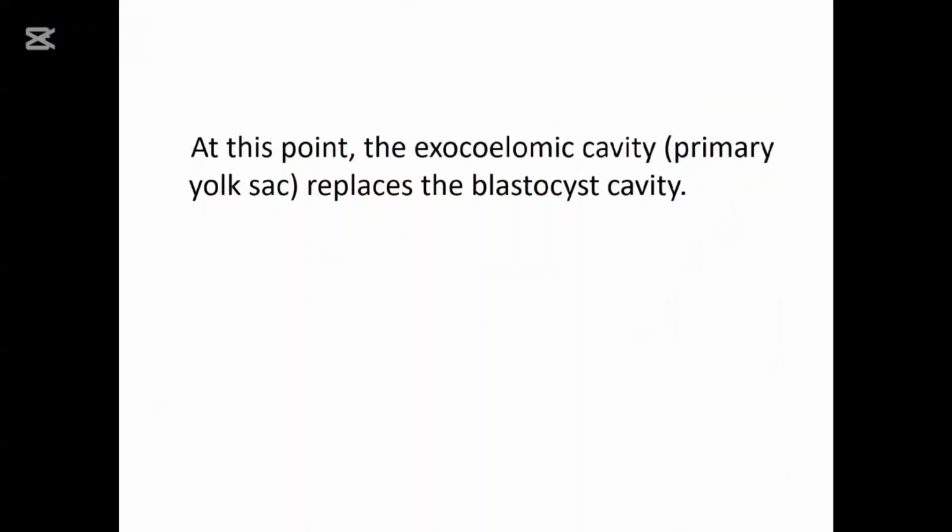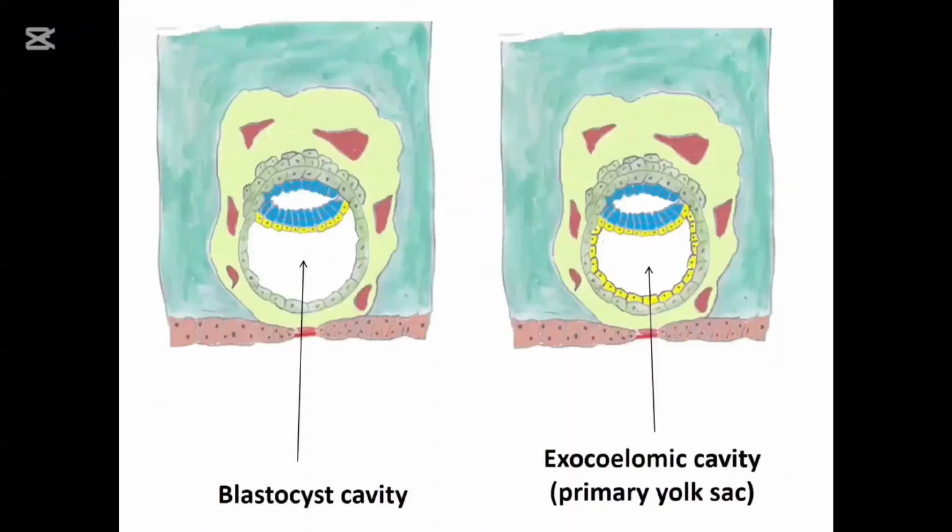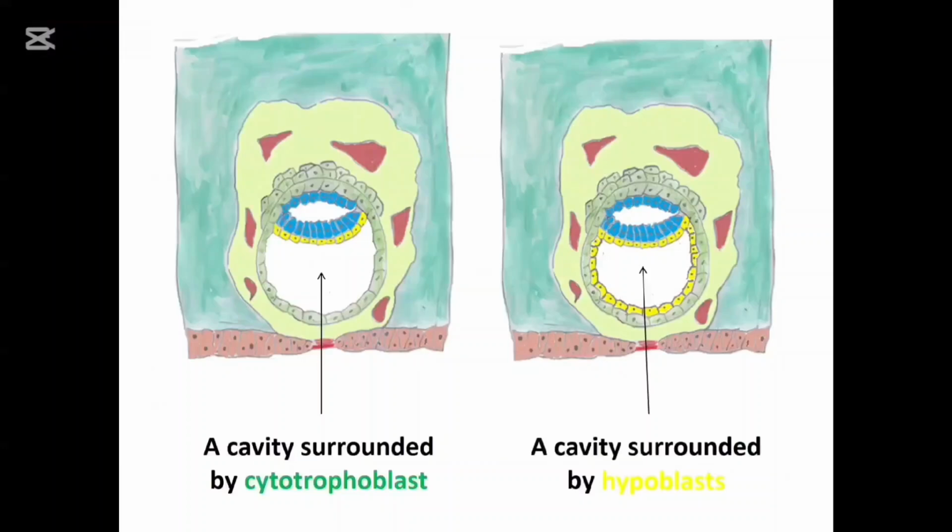At this point, the primary yolk sac replaces the blastocyst cavity. We change the name from blastocyst cavity to primary yolk sac. The difference is the cavity on the left is surrounded by cytotrophoblast, while on the right it is surrounded by hypoblast in yellow.